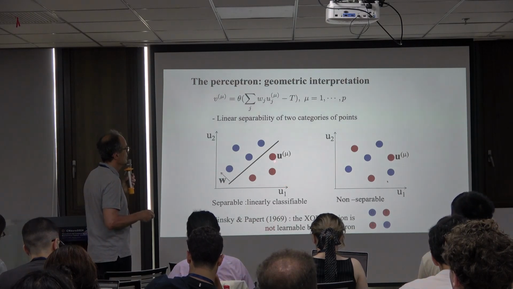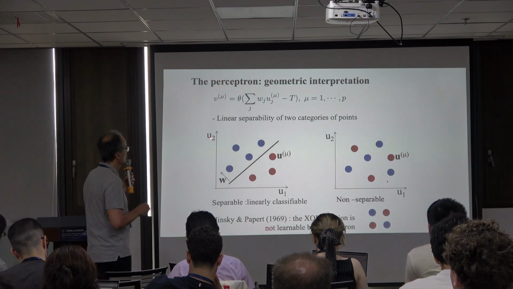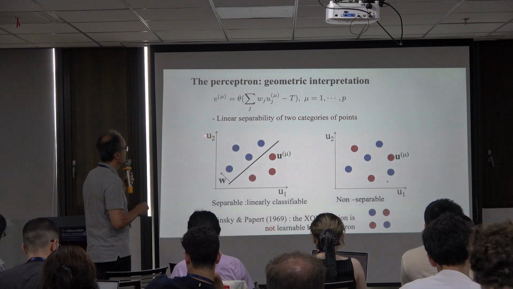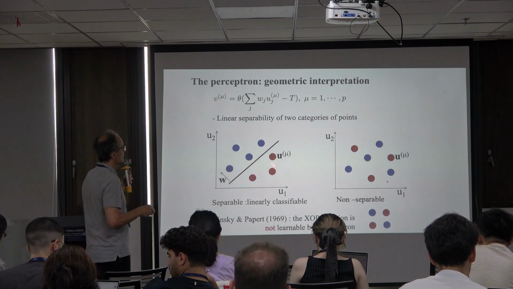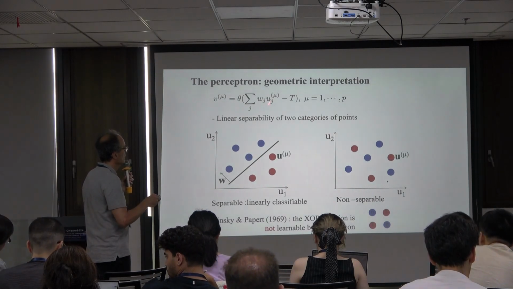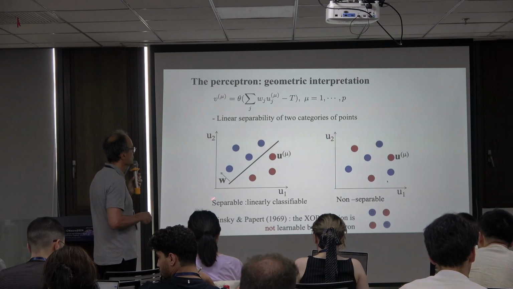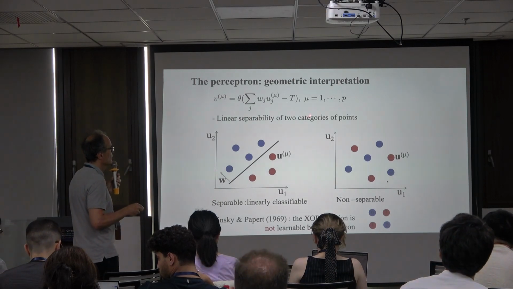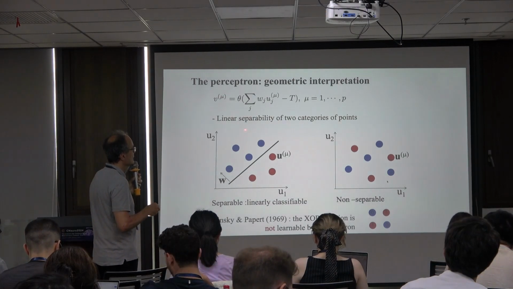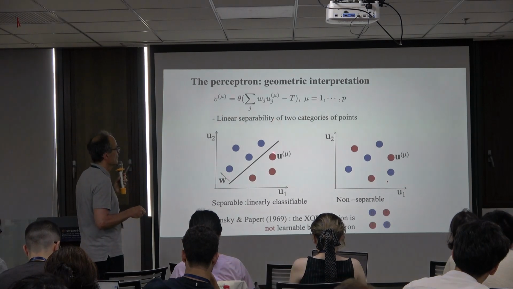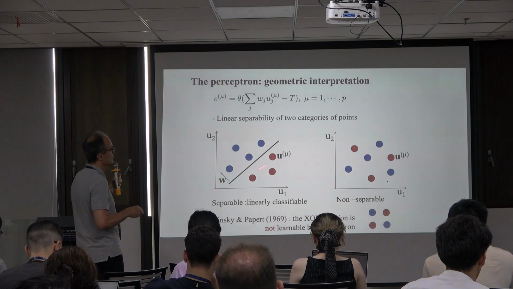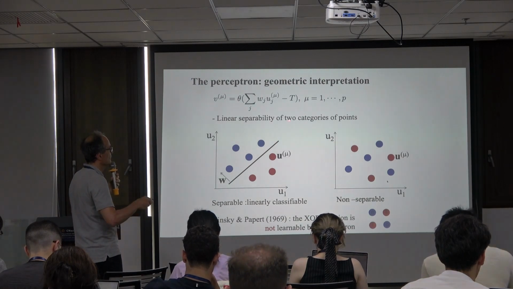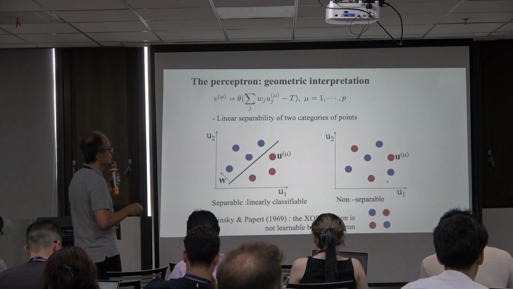You have points, so this is the input in 2 dimensions, a set of points, 1, 2 here, and what you would like to do is to find some plane that separates these 2 things into 2 categories. Okay, so this would work on this task here. You can put the linear thing and separate the blue from the red.